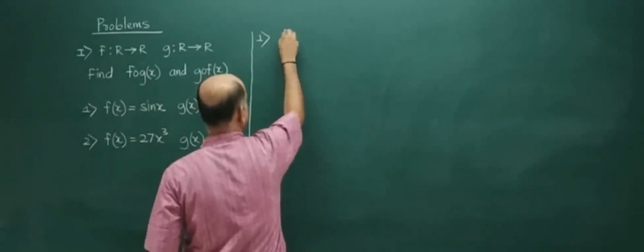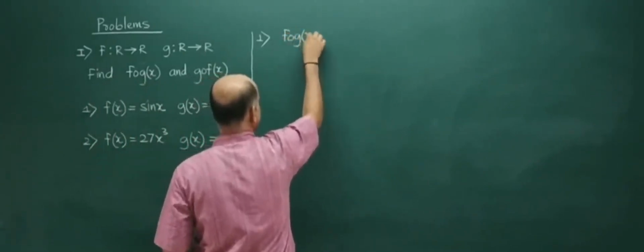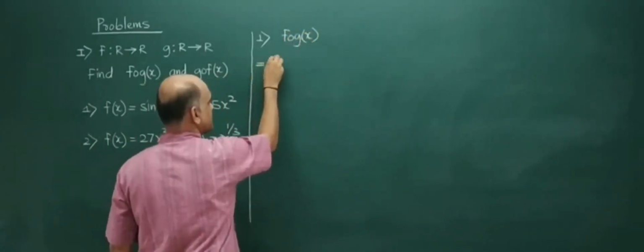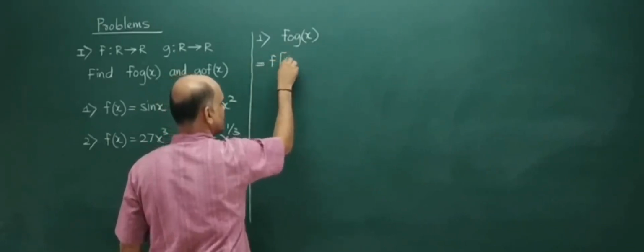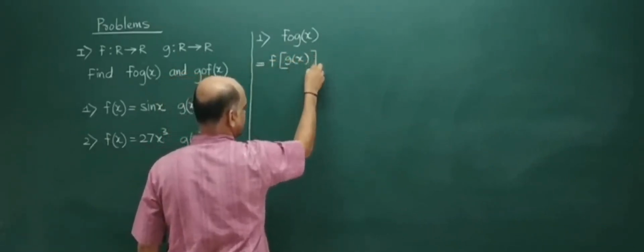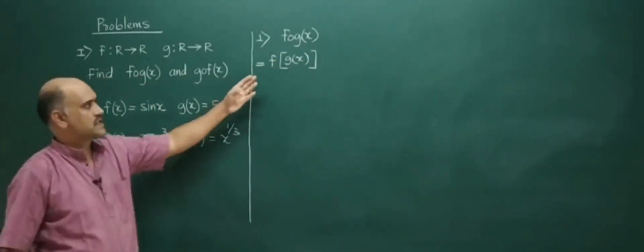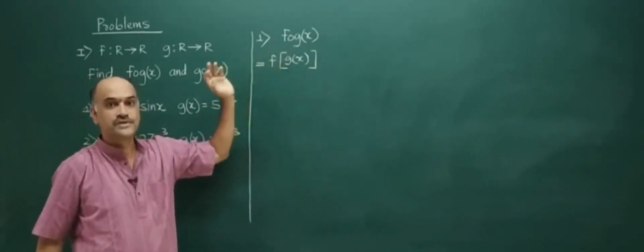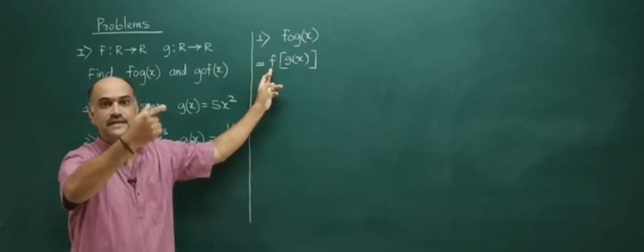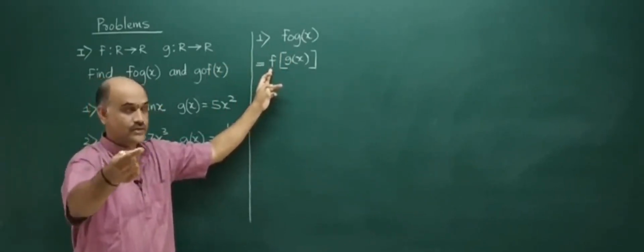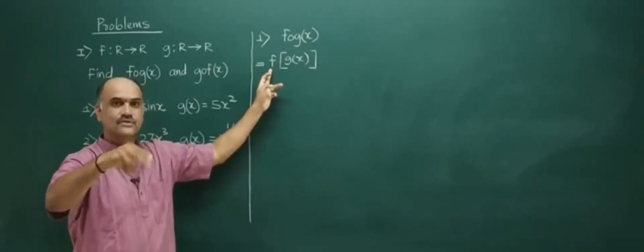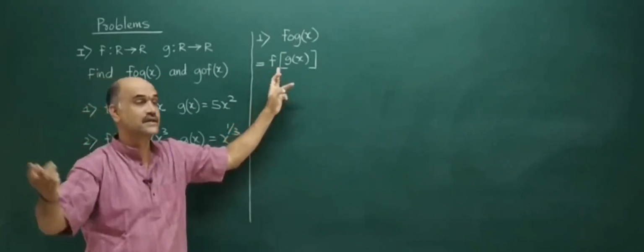So f of g of x is nothing but f into bracket g of x. Such functions we call composite functions, meaning f is related to g, g is related to x. It may be f is related to g, g is related to h, h is related to x.